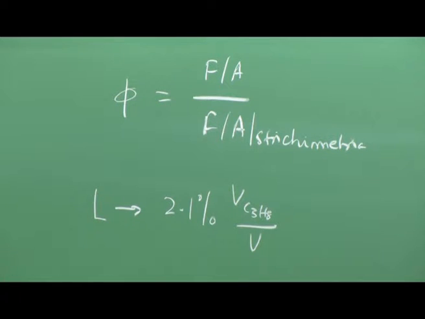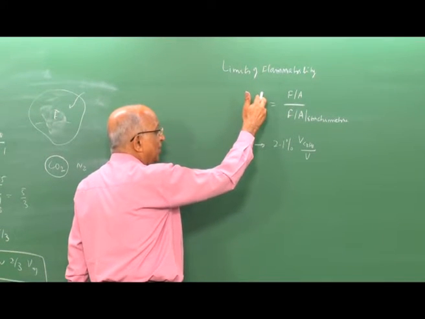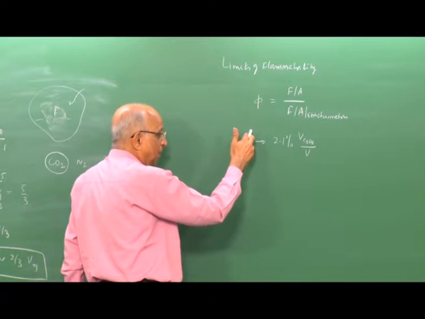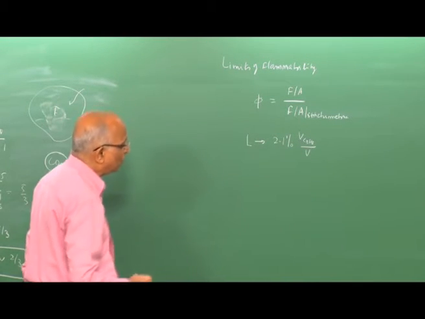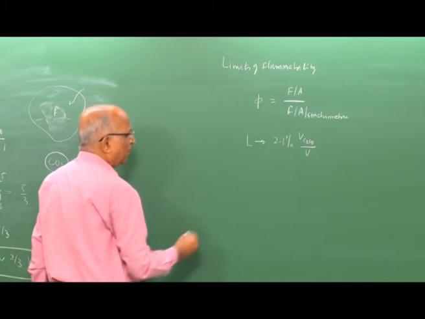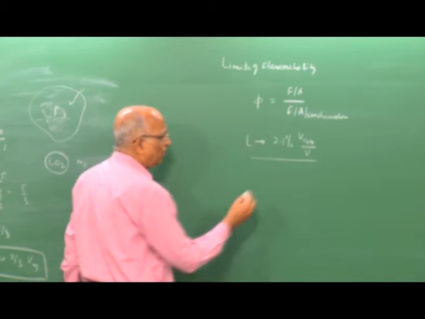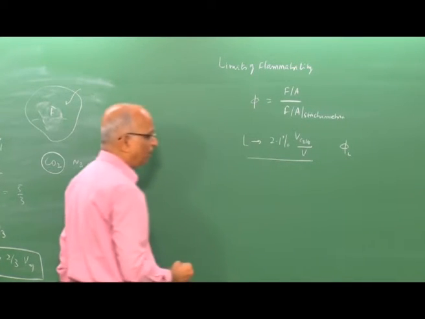Therefore, let us do this problem because it helps us to understand the relation between the equivalence ratio, the stoichiometric coefficient, and the value of the lean limit, how far away it is from the maximum heat release zone. And this is the data which is given to me, the lean limit is so much. I want to determine the value of the equivalence ratio corresponding to L.